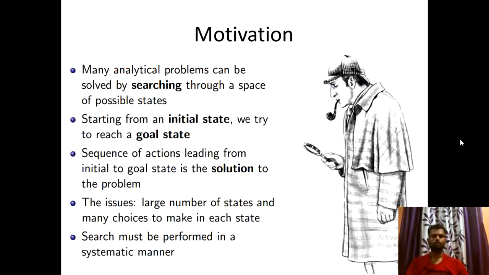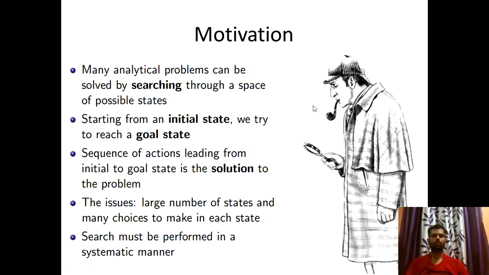So what is the motivation behind state space search? Many analytical problems can be solved by searching through a space of possible states. That means what? Here, space means there are different states given in our problem in order to reach our final goal or final state. So starting from an initial state, we try to reach a goal.